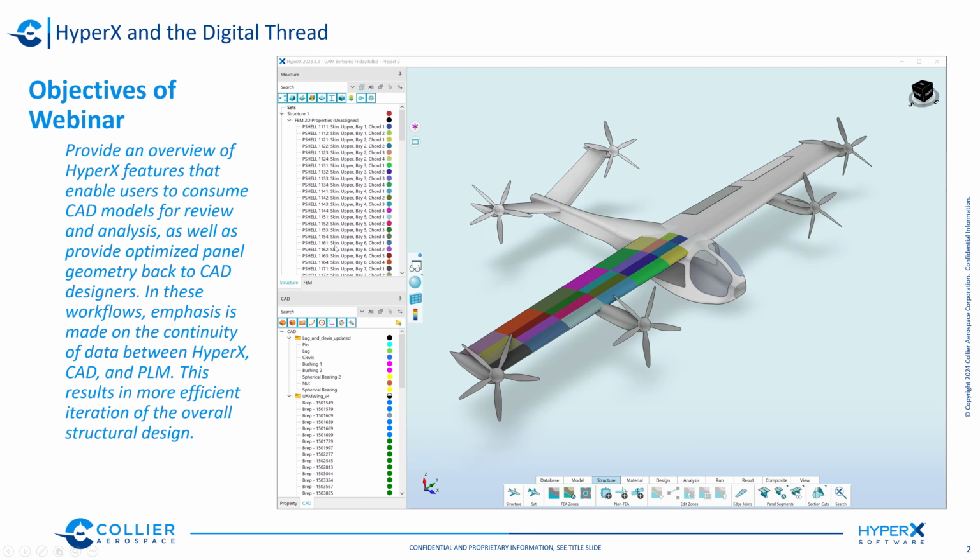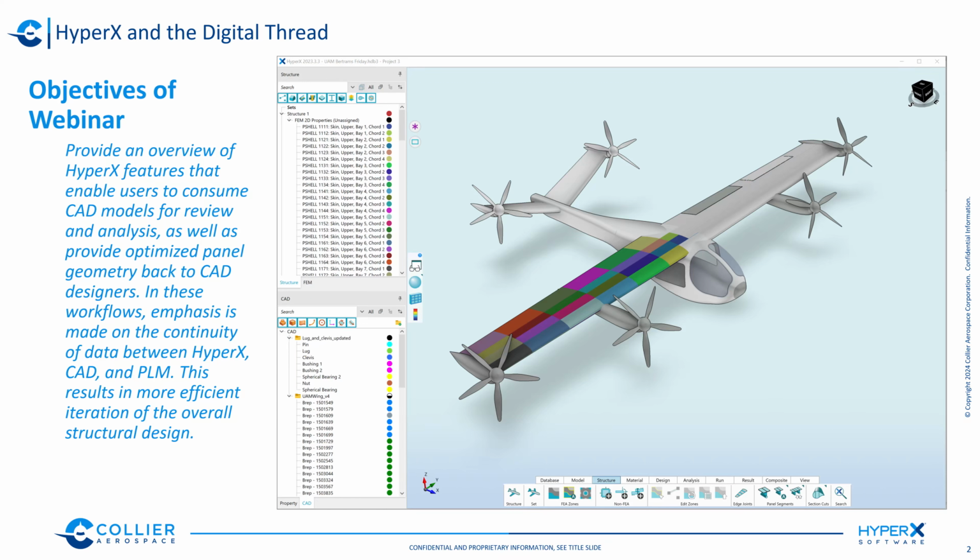So just to reiterate the objective of this webinar, we're trying to provide an overview of new HyperX features that enable users to consume CAD models, to review them and update their analysis, as well as provide optimized panel geometry back to CAD designers.